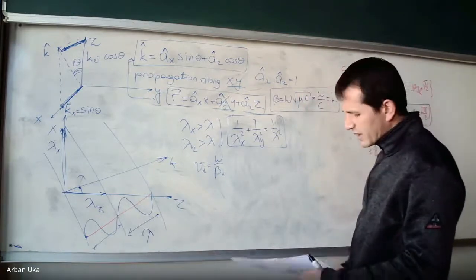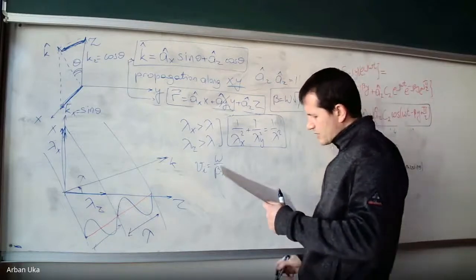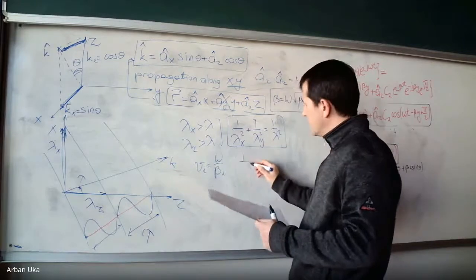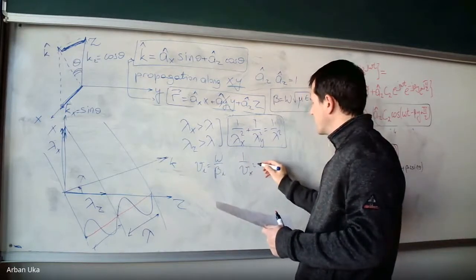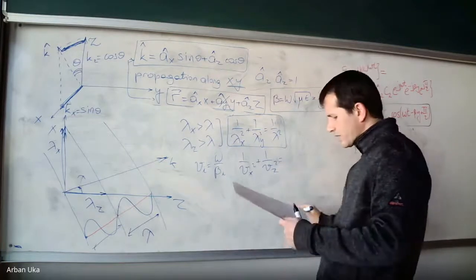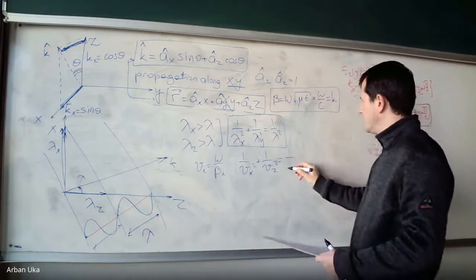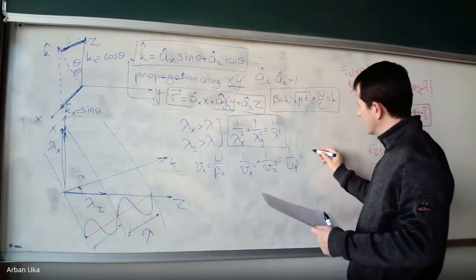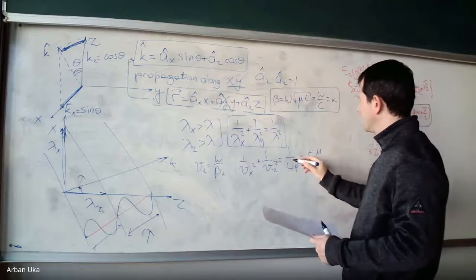So you see this part, and then we can also say the following: in this case, we can have 1 over the velocity along the x direction squared plus 1 over the velocity along the z direction squared. This is equal to 1 over the propagation speed squared. And this whole thing is equal to permittivity times permeability.